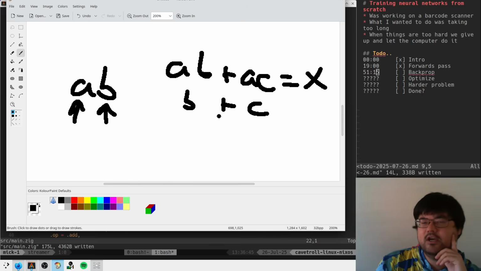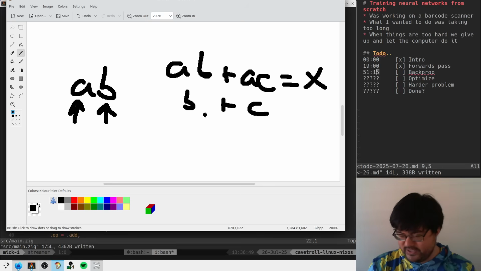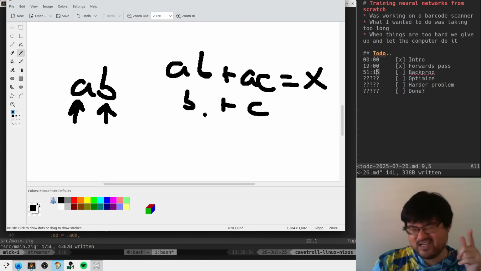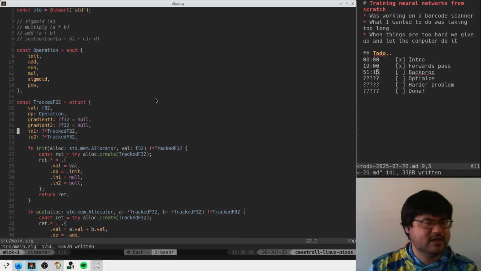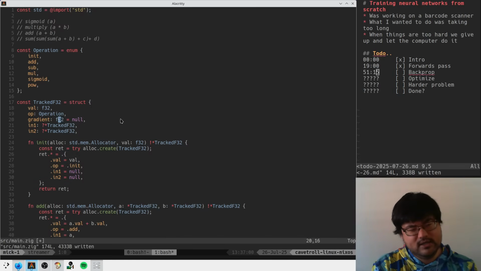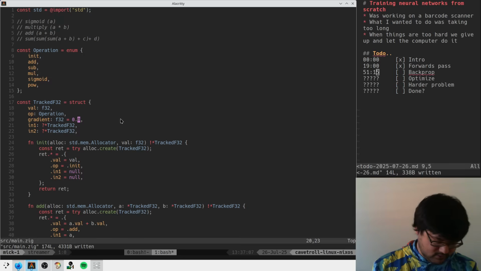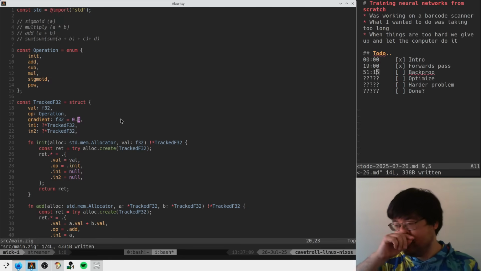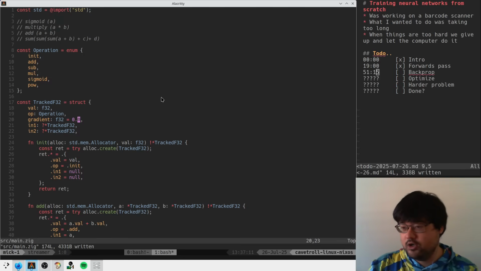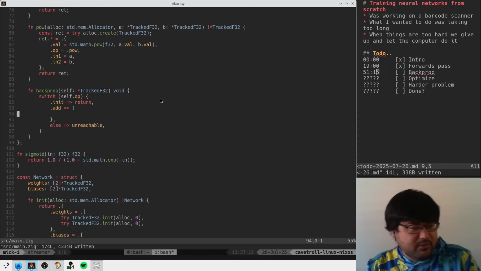So I guess when we're walking backwards, we might want to add to the gradient every time we see it. That's kind of how I'm feeling now: as we go backwards, we have one gradient and its initial value is 0, and as we find it from different places, we add on to it. I like that. That seems maybe reasonable. Maybe. I don't know.